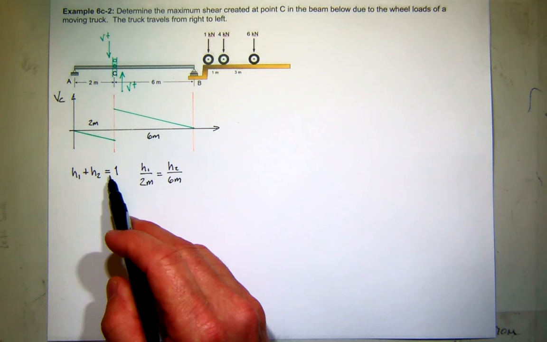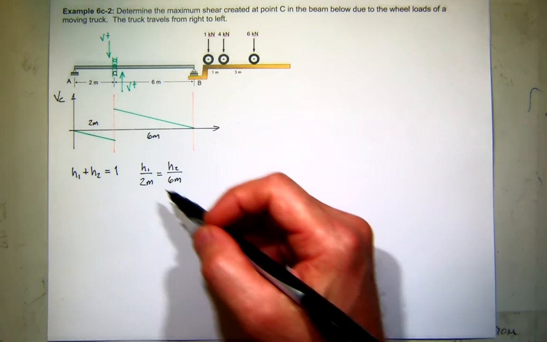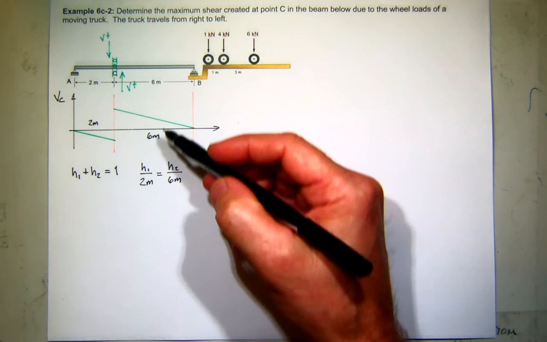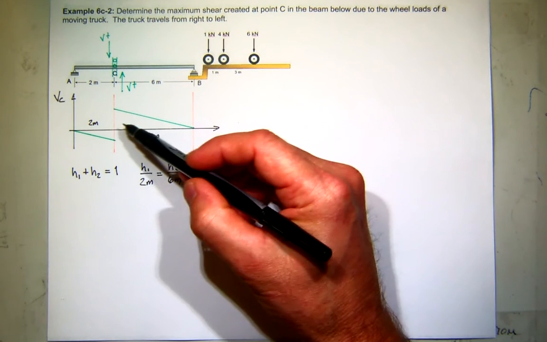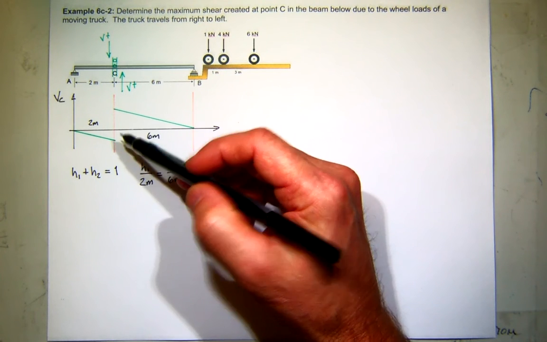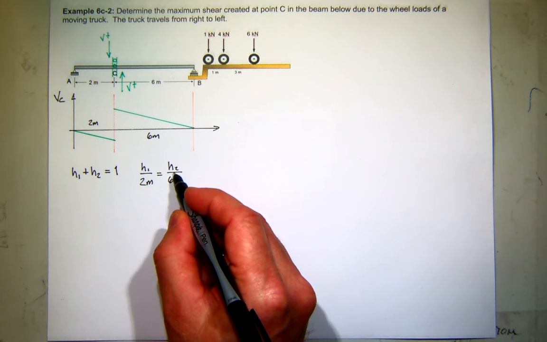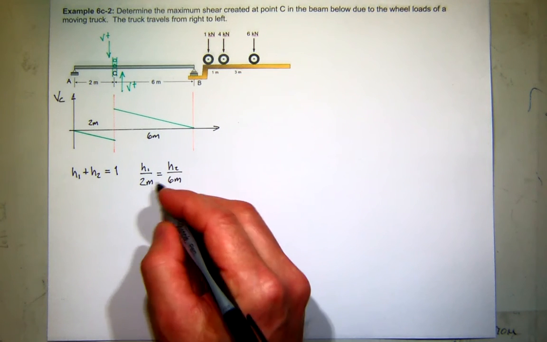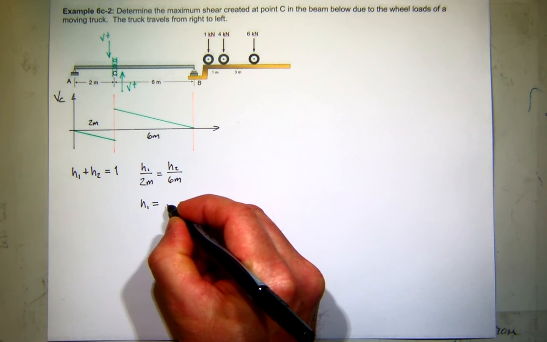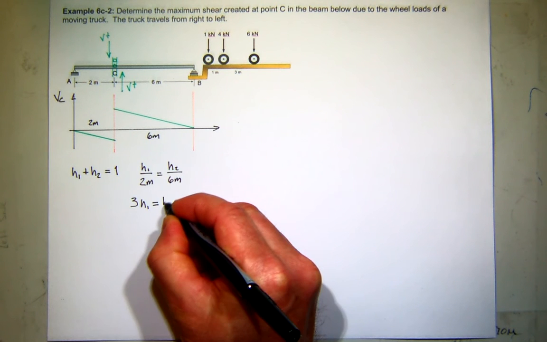So you could solve for this. I could say, oh, H1 is 1 minus H2 and stick it in there and I'll have one equation for H1. I like to do it this way. I just like to think of it so I know that this is 3 times as big as that, so this has to be 3 times as big as that one. So I already know from this equation right here that for these things to be equal, H1 would have to be equal to what? 3 times H1 is H2, right?